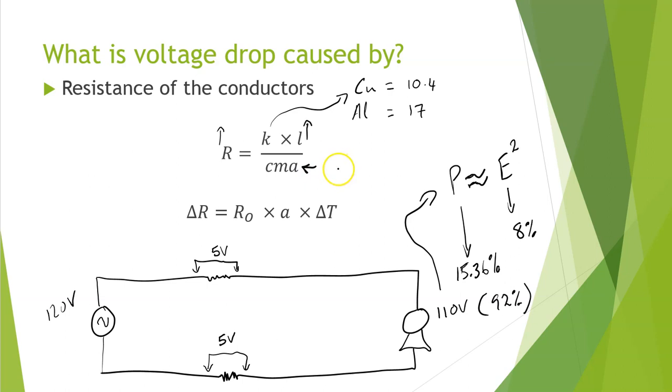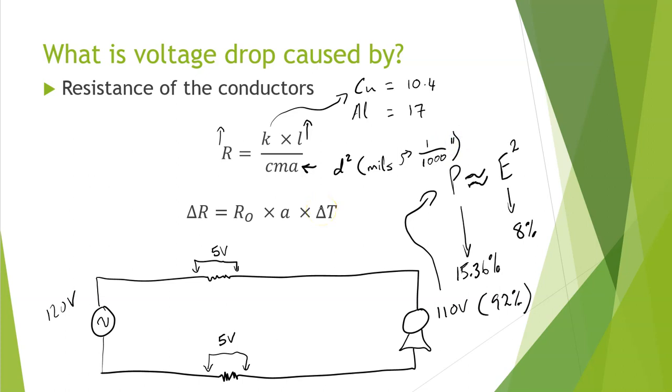And CMA is calculated for any conductor by taking the diameter squared, and that diameter would be in mils, a mil being 1/1000th of an inch. So it's a very unique sizing system, but it is the one that we use.